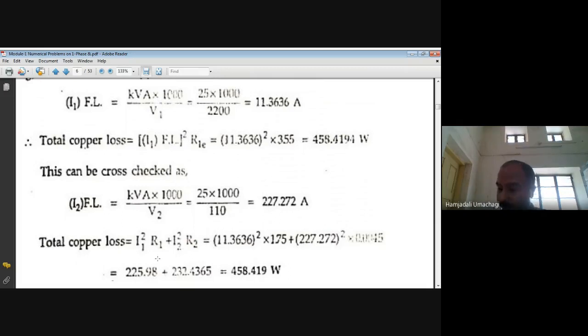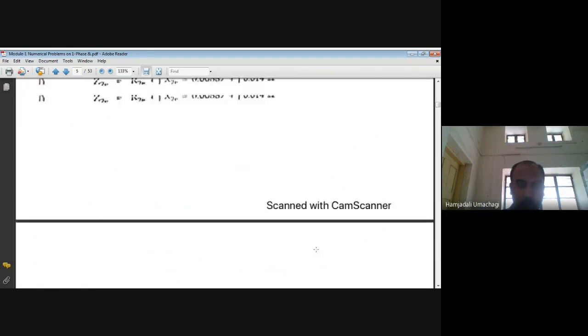So in this case I1 square R1, I1 is primary current, just now we calculated 11.3636, whole square. R1 is 1.75, it is given for us, and secondary current full load current I2 is 227.272 whole square, and R2 is given as how much? R2 is given in the problem statement.